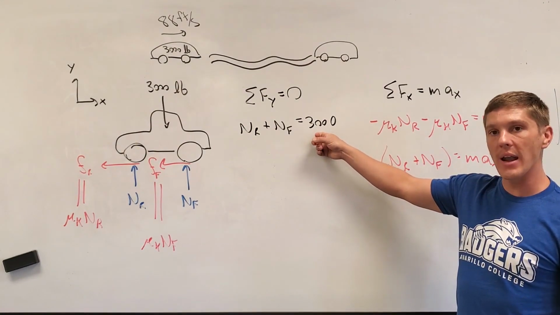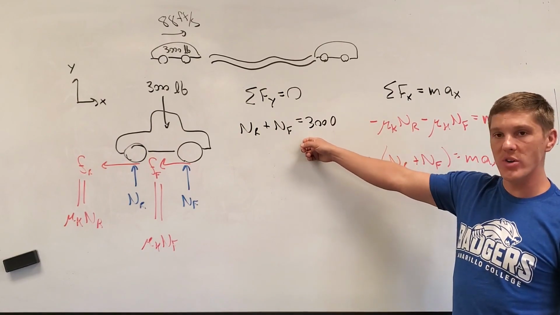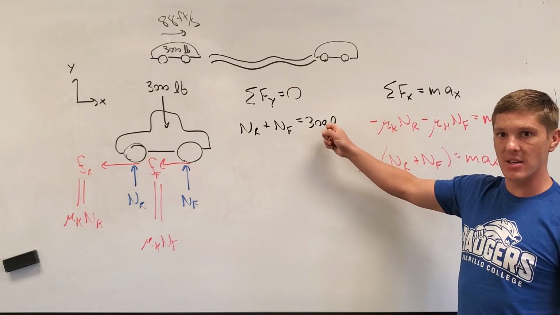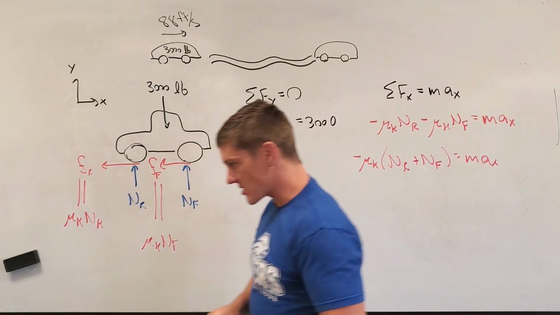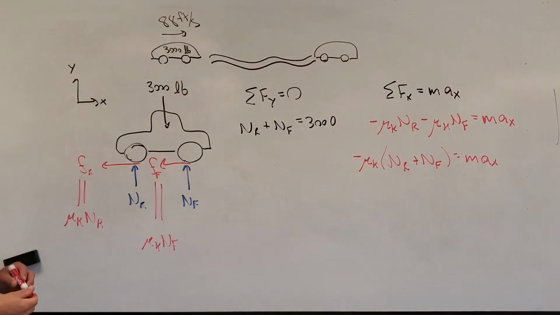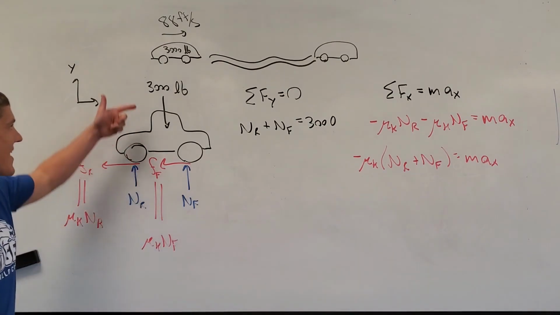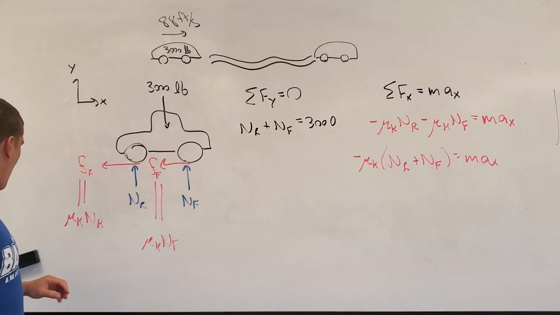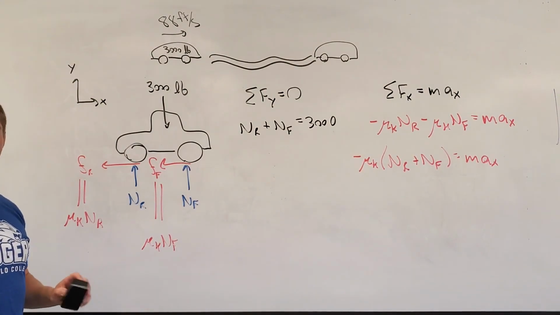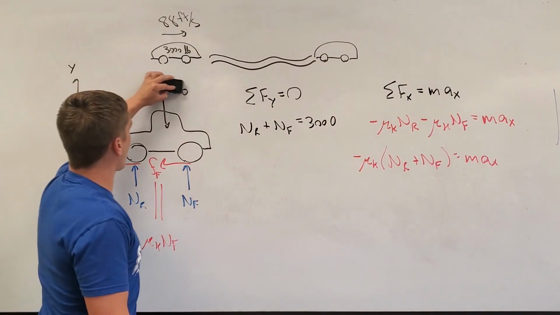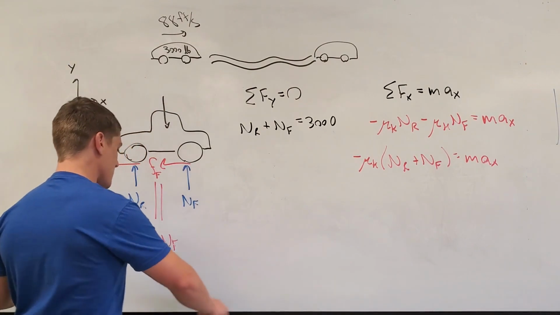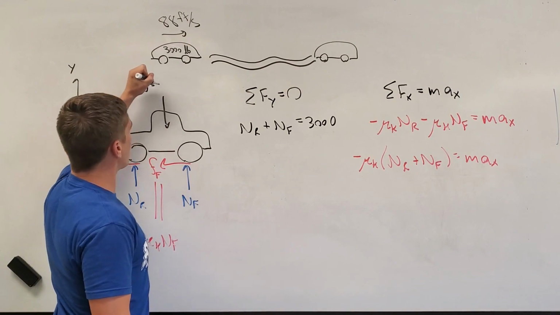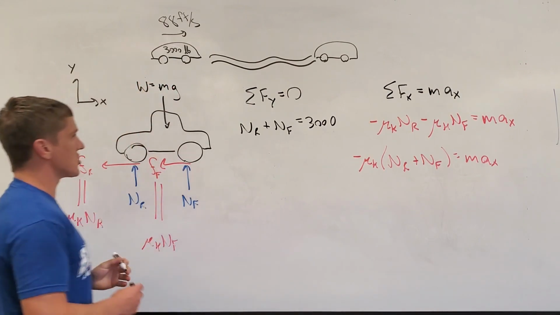So I want to go ahead and step back to this equation for a second. I probably should have done this from the beginning, and it would have made it less confusing. As it turns out, when we solve this problem, the fact that the car weighs 3,000 pounds doesn't matter. In fact, really all that we care about is that it is the weight of the car acting downward, which we know is equal to our mass times our acceleration due to gravity.